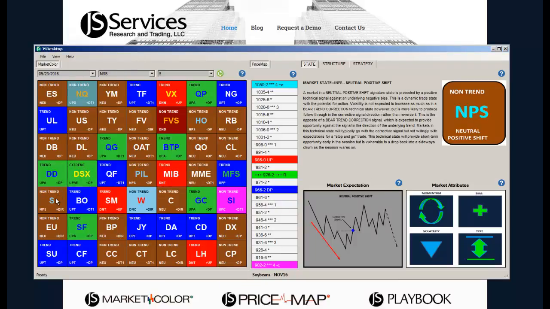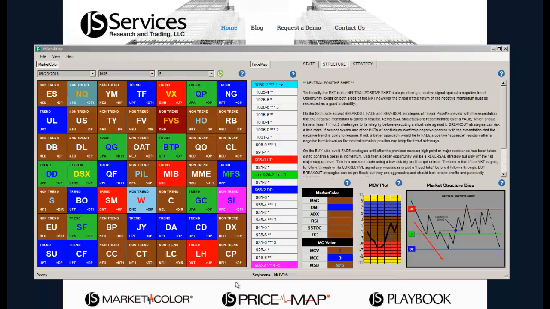Soybeans are another market that's in the same state. Its profile is a little different, a lot of brown, which is expected. You had a market that's kind of surged to the upside. We're having this other neutral positive shift. Is this just a push into the upper extreme for a failure back into neutral?